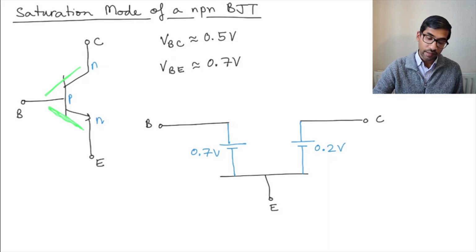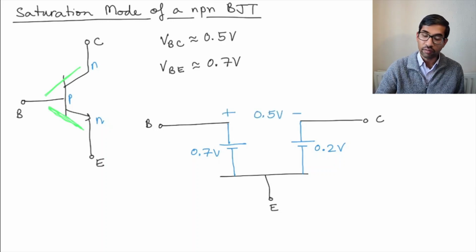You can see that if this voltage is 0.7 and this voltage is 0.2, the voltage between the base-collector junction turns out to be 0.5 volts, which is what we wrote in the condition for the saturation mode.